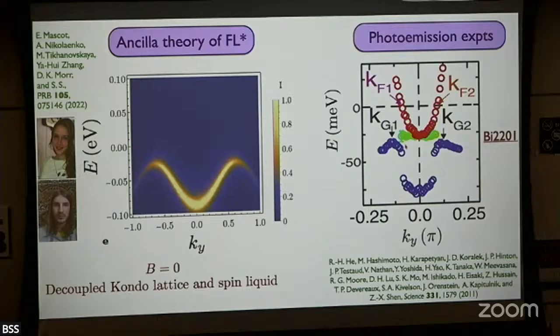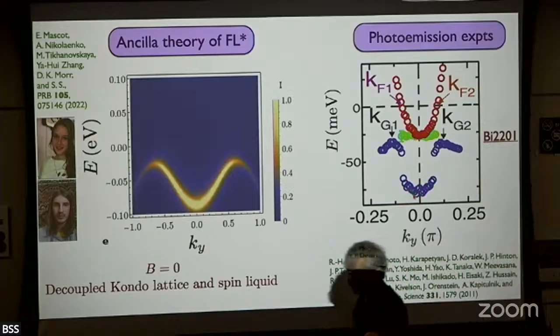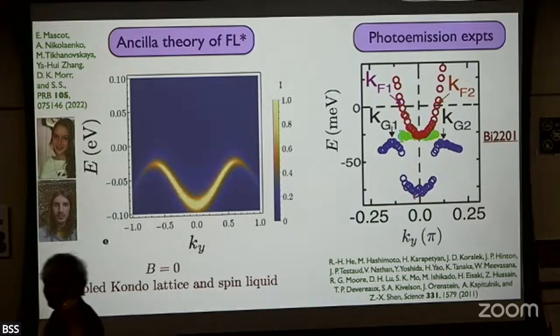Right, in the experiment, the green bit is in the superconductor. Correct. Yeah. No, but the blue bit is still there too, I think. Right. It may move a little bit, but it's there. I can ask Dan, he can answer this. You remember all this picture? So the blue bit is supposed to be the pseudogap at low temperature.